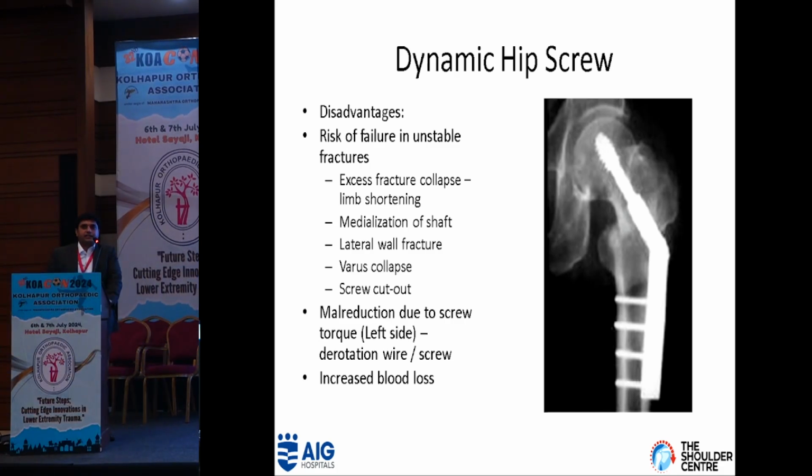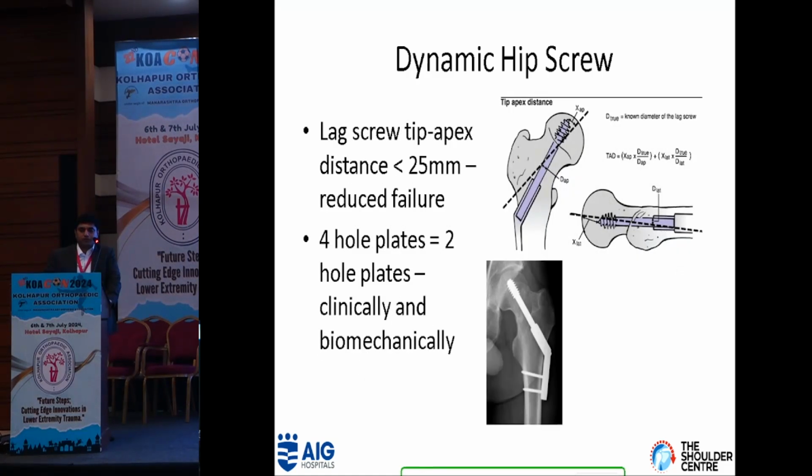Another particular characteristic of the DHS is that in left-sided IT fractures, as we are tightening the screw, as we are positioning it, there can always be derotation causing malalignment of the fracture. And since it's an open procedure, there is a theoretical risk of increased blood loss also.